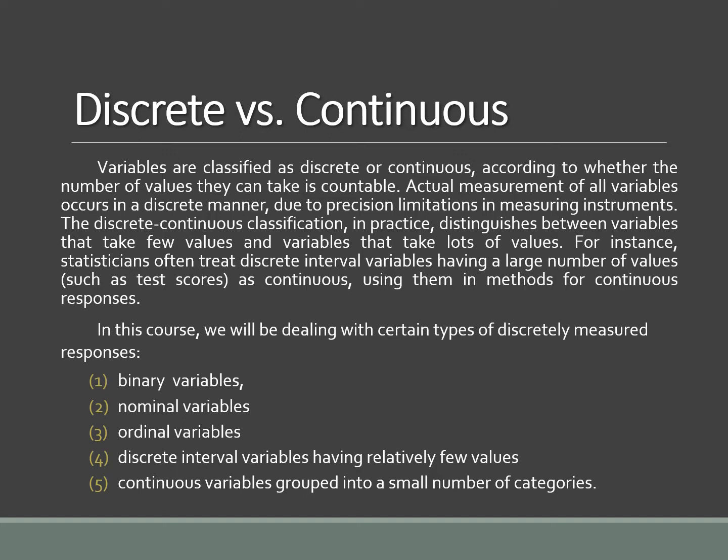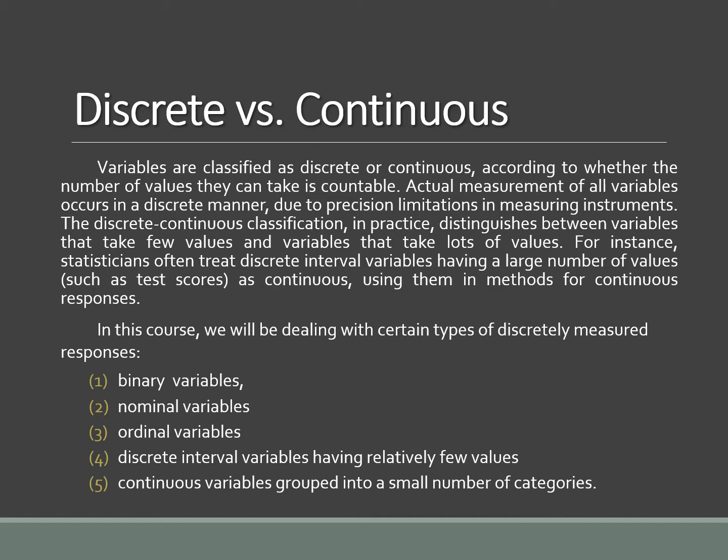The discrete-continuous classification in practice distinguishes between variables that take few values and variables that take lots of values. Technically, you could consider a variable that takes on integers as a continuous variable if the number of values it could take on is quite large. For instance, statisticians often treat discrete interval variables having a large number of values, such as test scores, as continuous.